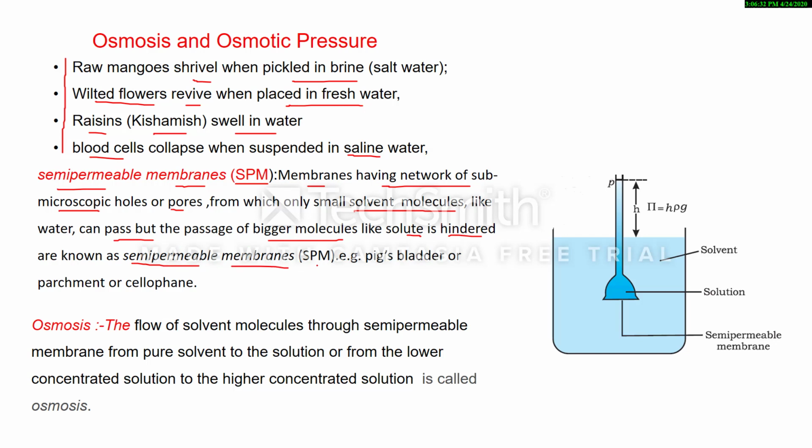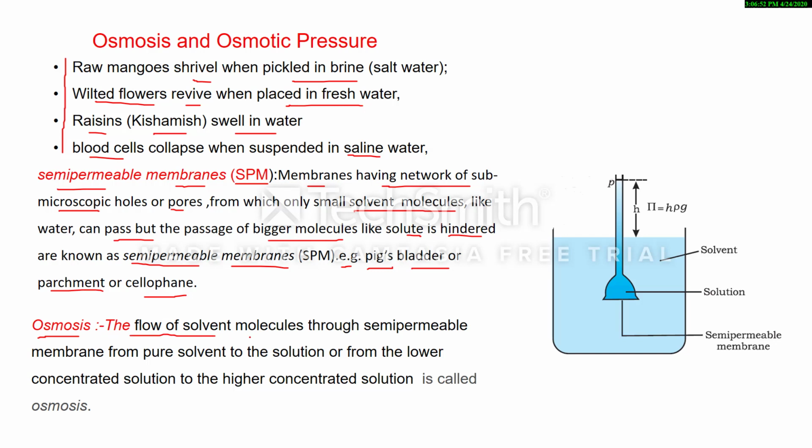Shortly, they are written as SPM. For example, pig's bladder, parchment or cellophane. In short, these are membranes which allow only selected solvent molecules to pass. Is it clear?